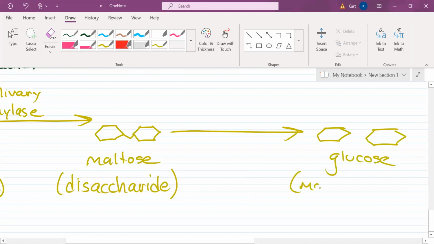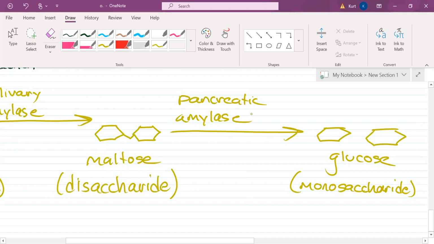Glucose is a monosaccharide. This enzyme is called pancreatic amylase. Your pancreas does not store food. What your pancreas does is it produces a lot of hormones and a lot of digestive enzymes to help metabolize food faster.